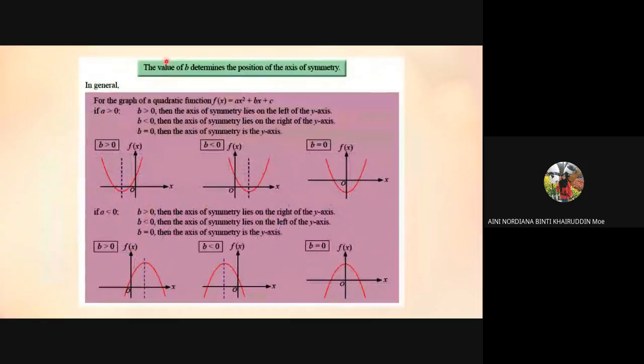Okay. Now let's look at the value of B. The value of B determines the position of the axis of symmetry.